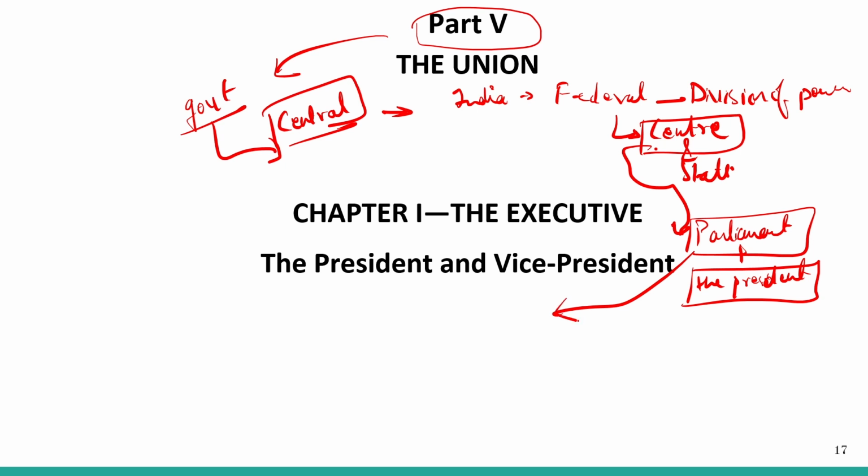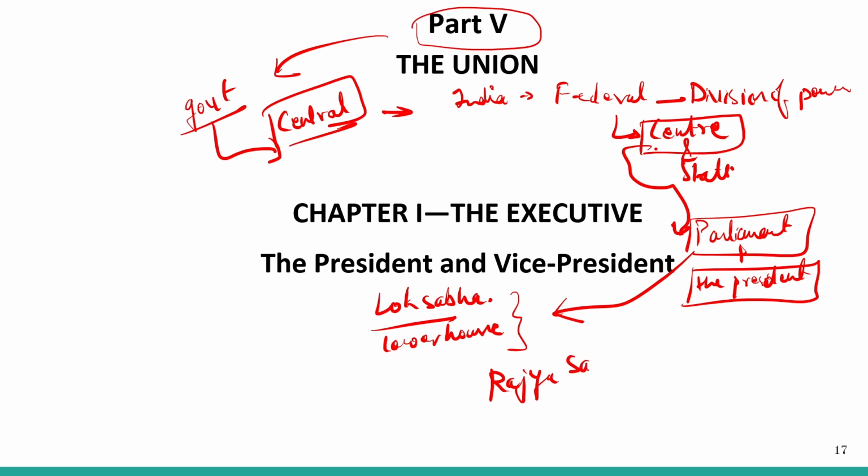And when you talk about parliament itself, it is further subdivided into Lok Sabha, which is known as the lower house, and Rajya Sabha, which is known as the upper house. Lok Sabha, Rajya Sabha both comprise along with the secretariat.